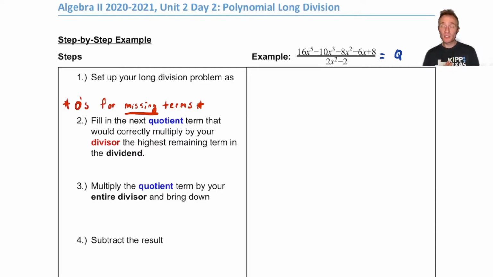To set this up so that everything lines up nice and cleanly, you have to insert missing x terms. Notice how we go x to the fifth, then x to the third, then x squared, then x, then 8. It's not impossible to do it without doing this, but trust me, this makes your life way easier.